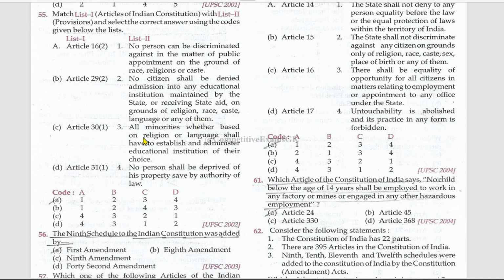Article 30, subclause 1, all minorities, whether based on religion or language, shall have the right to establish and administer educational institutions of their choice. Article 31, subclause 1, no person shall be deprived of his property save by authority of law.